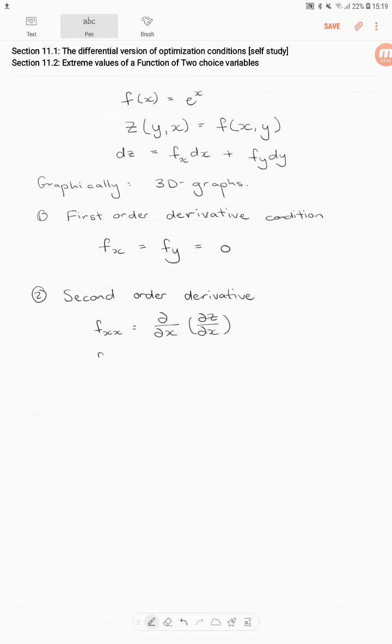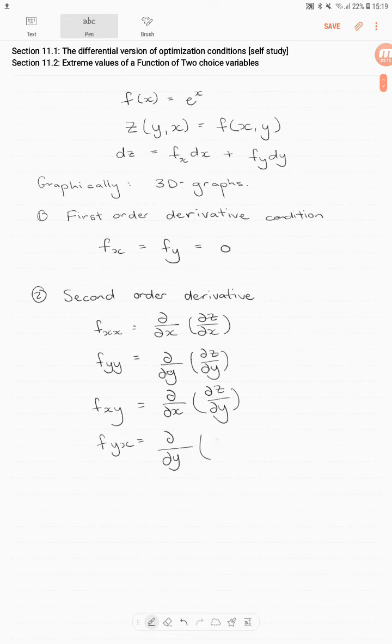We will have the partial derivative with regards to y of the function, dz dy, and we have a cross partial derivative or fxy. This is the derivative with regards to x of the partial derivative with regards to y, or fyx will be the partial derivative with regards to y of the derivative with regards to x.